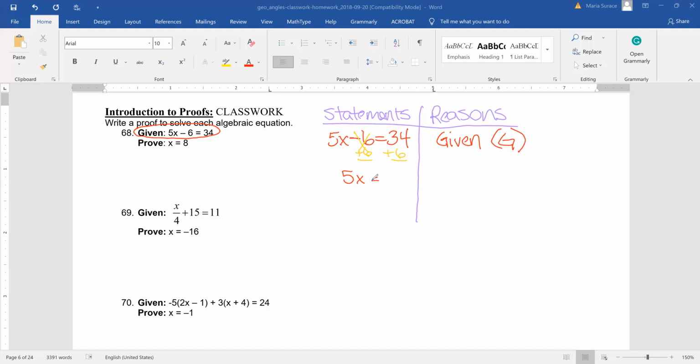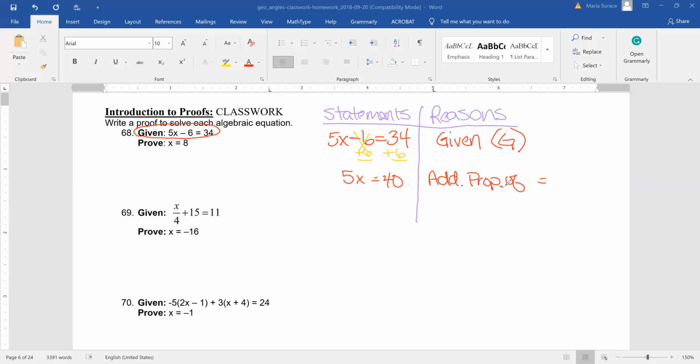Well, this step involved adding to both sides of the equal sign, which means that we used our addition property of equations. So you can abbreviate it as add prop of equal sign. This represents the addition property of equations.